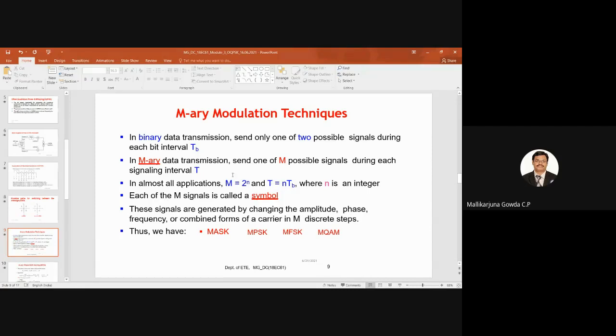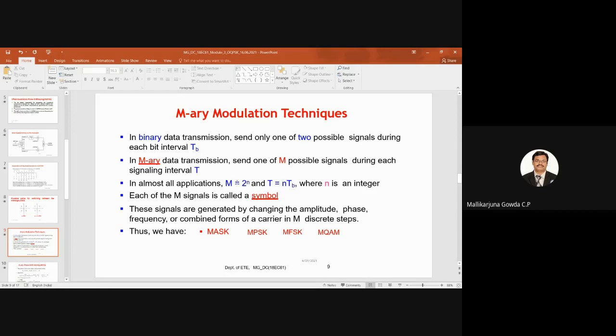So this equation is important. How we relate the M possible signals and the symbol interval, which is equal to n into TB, where TB is the bit duration and n is the integer, I said.